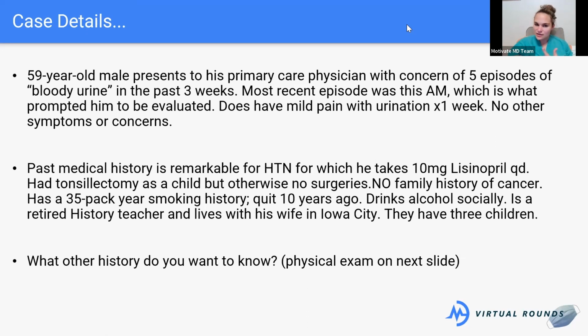He has a past medical history of hypertension, and he takes 10 milligrams of lisinopril daily. He had a tonsillectomy as a child, but otherwise no surgeries, and no family history of cancer. He has a 35-pack-year smoking history, and he quit 10 years ago. He drinks alcohol socially. He's a retired history teacher, and he lives with his wife in Iowa City, and they have 3 children. So what other history do you want to know?